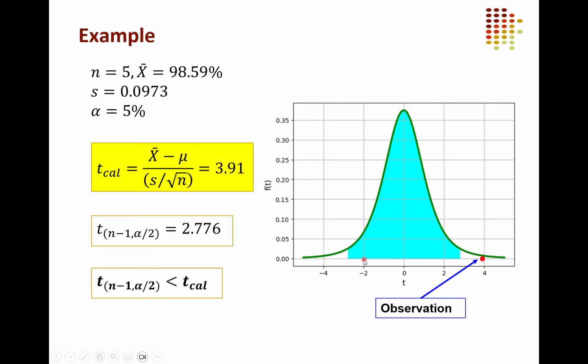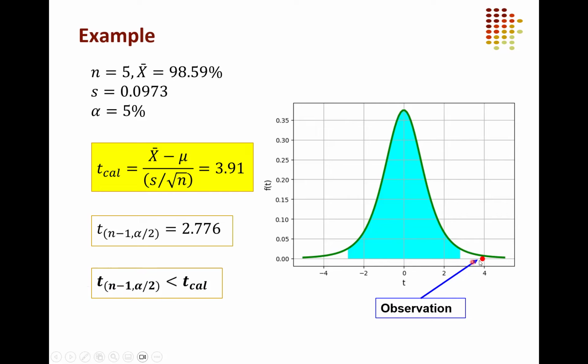However, if we see the calculated value, 3.91, this is the observation which is beyond the confidence interval. Therefore, there is another way to write the result of the hypothesis: the ideal value from the table, which marks the limit of the confidence interval, is less than the calculated value.